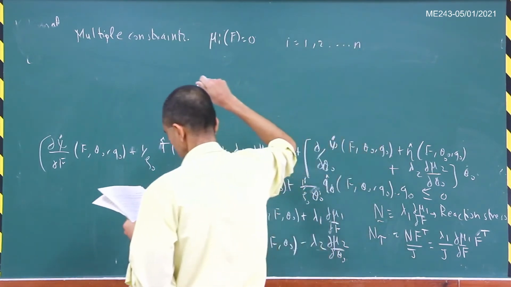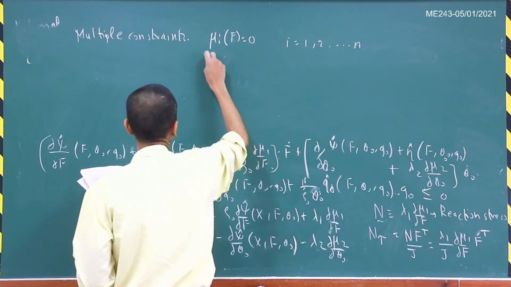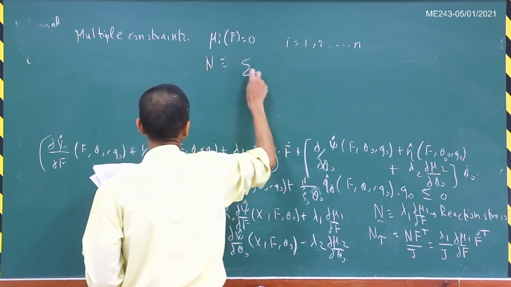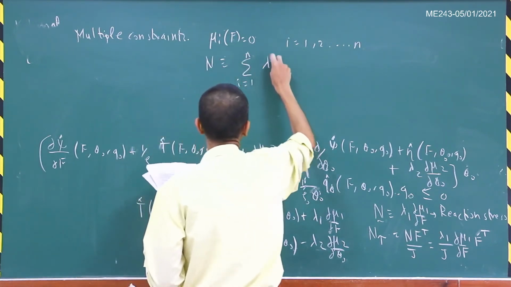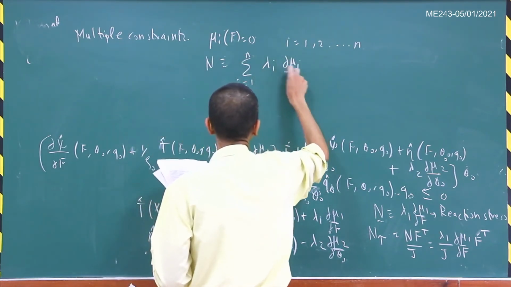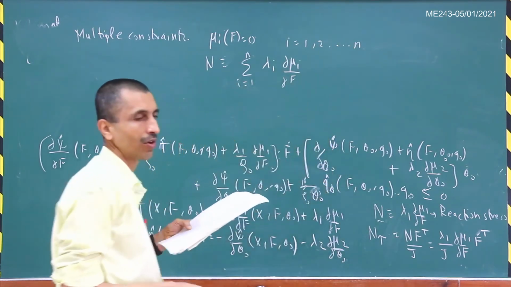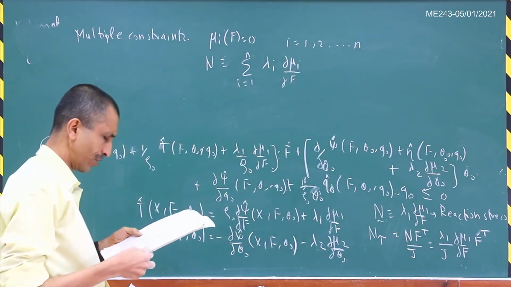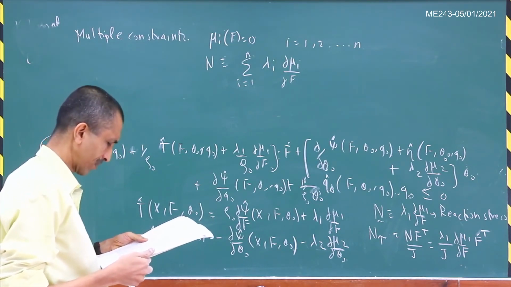Then in that case, the reaction stress n will be the summation from I equal to 1 to n of lambda I times del mu I by del F. So basically it will be a summation of all the individual reaction stresses here. Okay, fine.